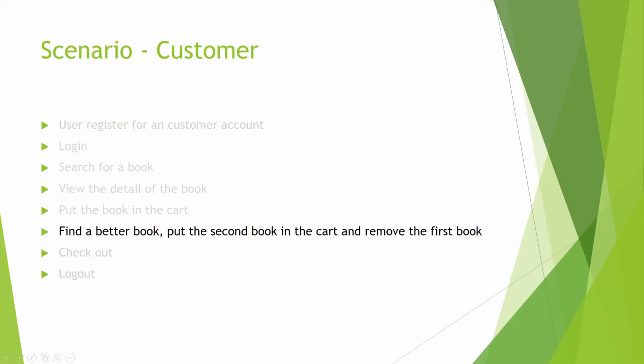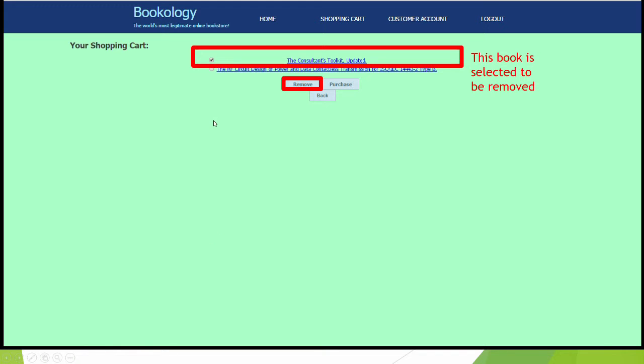Now, what will happen if the user wants to delete the first book, remove it, and then add a second book? First, the user has to go into the shopping cart by clicking the shopping cart button on the top, then select the book that he wants to remove, and press the remove button.